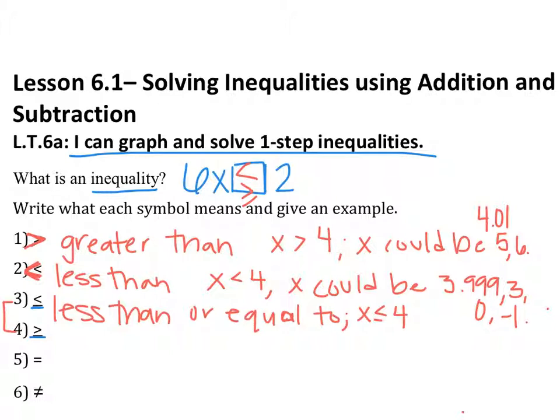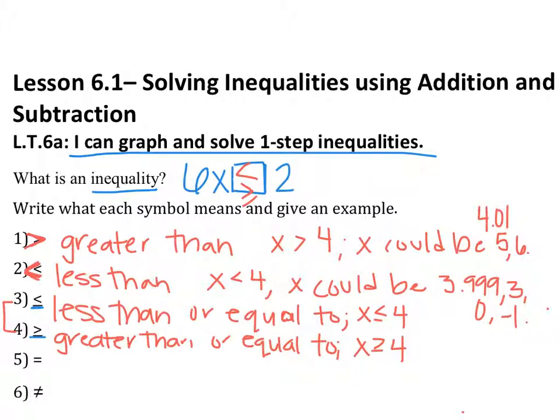And then my next example, if I have greater than or equal to, that means if I have x is greater than or equal to 4, that also means that x could equal 4.